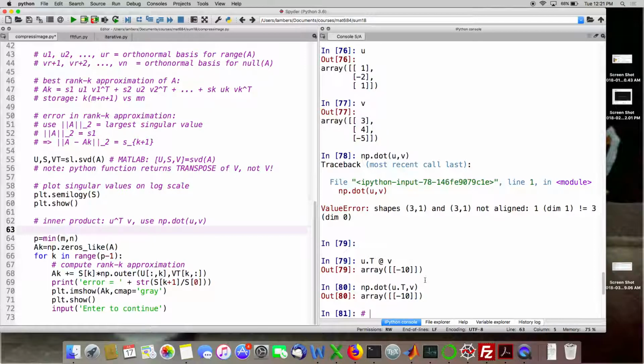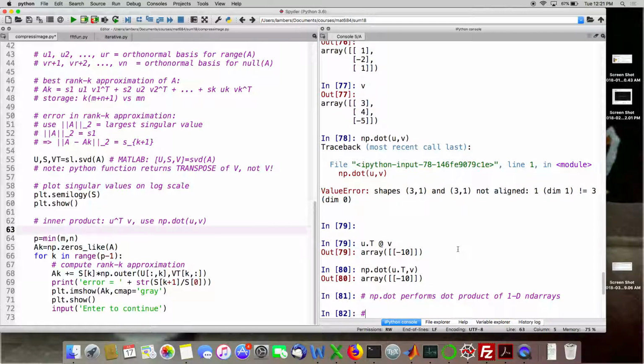So to summarize, dot forms a dot product of 1D arrays and forms matrix multiplication of 2D arrays.